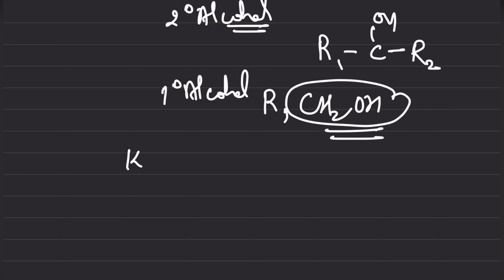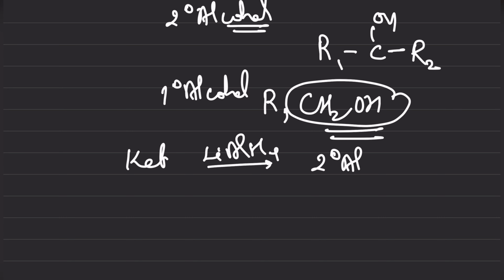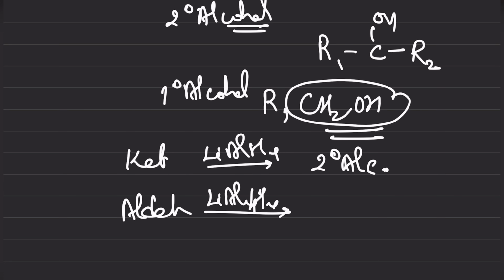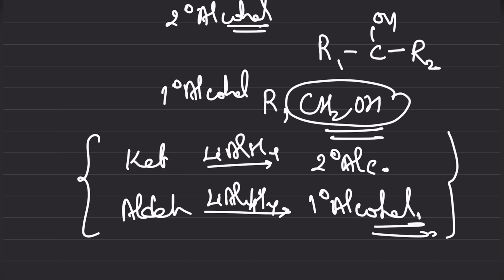So from a ketone, with LiAlH4 as a reducing agent, a 2-degree alcohol is formed, and from an aldehyde with the help of LiAlH4, a 1-degree alcohol will be formed. So these are the two things which we have to remember.